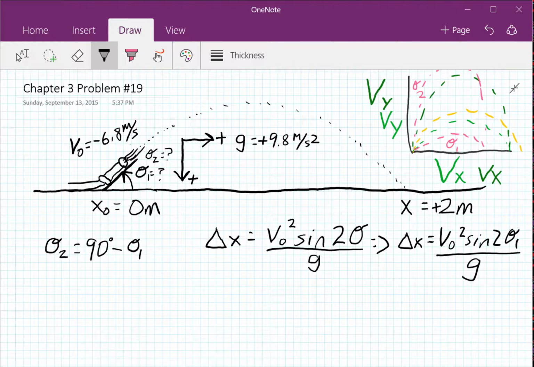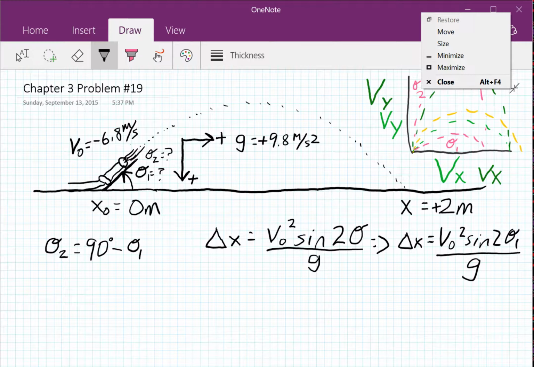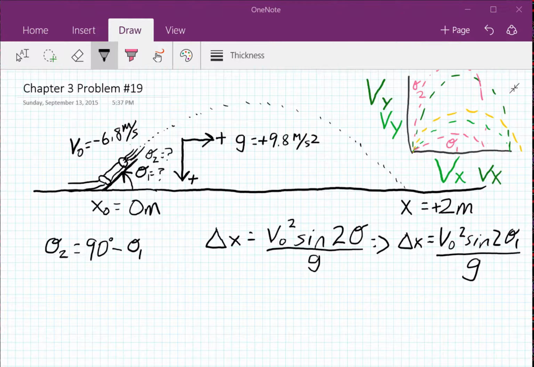Now we need to isolate, so we'll end up multiplying by g, dividing by the velocity squared, and taking the inverse of sine. So let's do everything except for the sine part for now. So when you move over g, you get delta x times g, then you divide by the initial velocity squared.